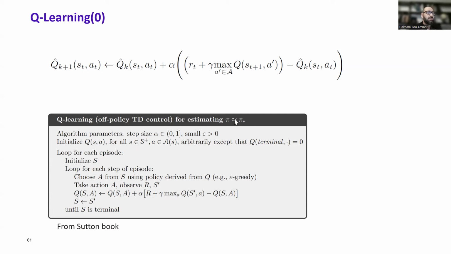of the Q-learning algorithm for off-policy TD control to estimate your optimal policy. Now, this is coming from the Richard Sutton book, which is this book. It's called Reinforcement Learning: An Introduction, second edition, by Richard Sutton and Andrew Barto.